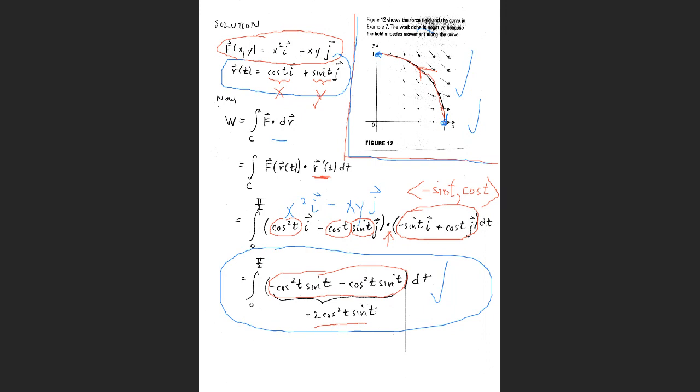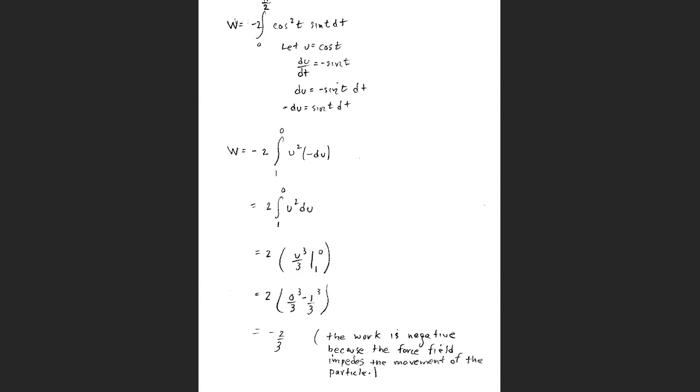Okay. So computing the work, the integral goes from 0 to pi over 2. This here is a pi over 2, right? And I'm going to let u equal cosine of t. And so, of course, the limits change.